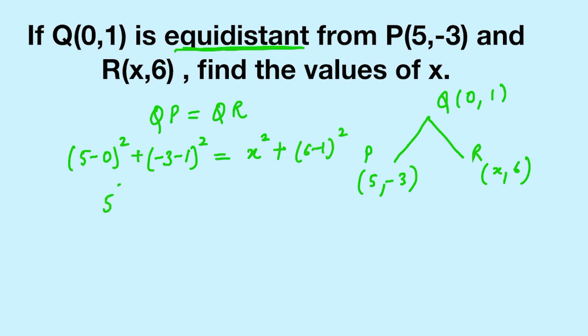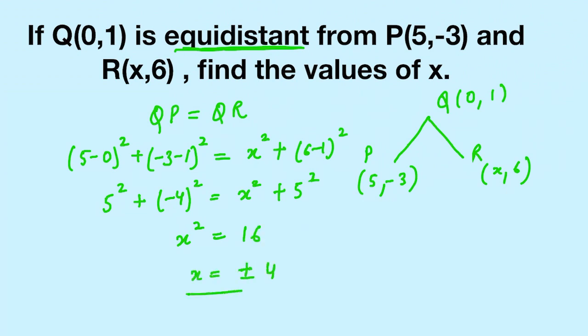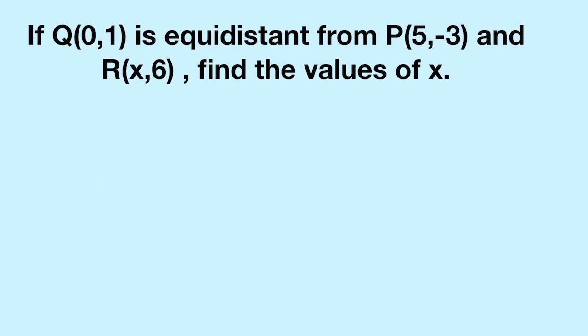So this is 5 square plus minus 4 square equals x square plus 5 square. So finally you get x square is equal to 16. So the values x can take are plus minus 4. Fine. A very good question from the paper point of view. So hope you are able to understand this.